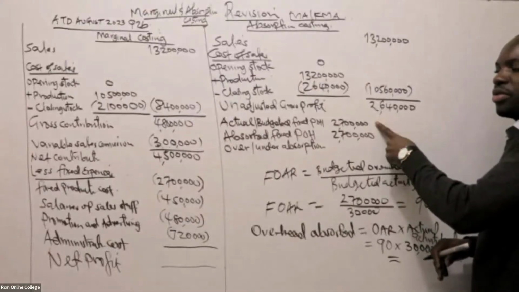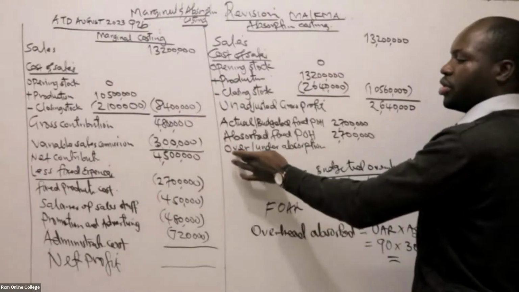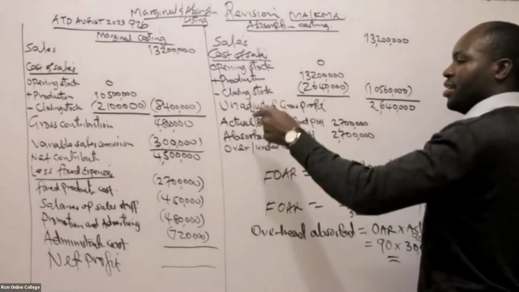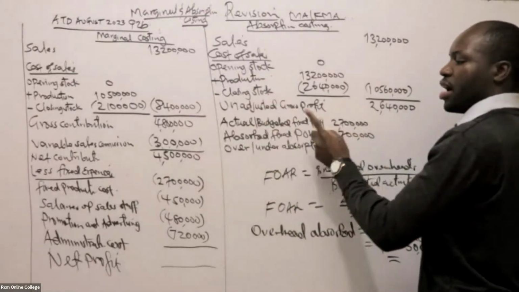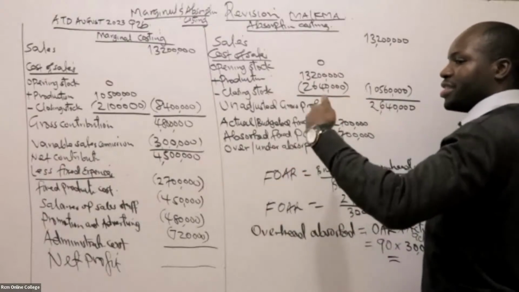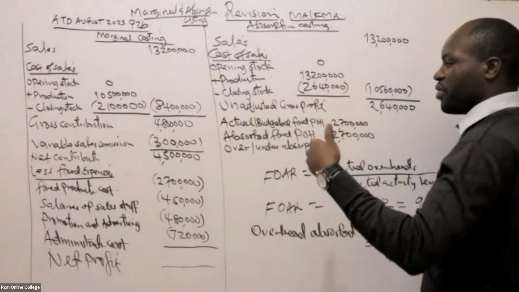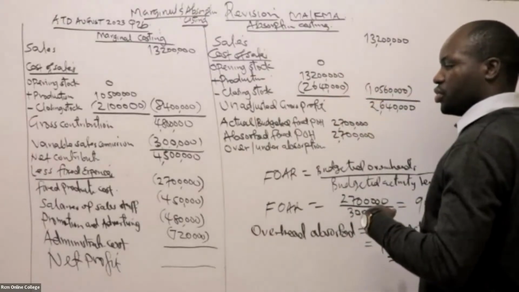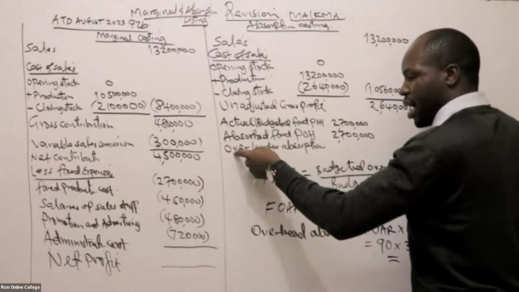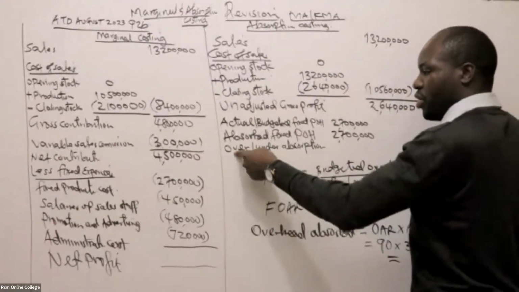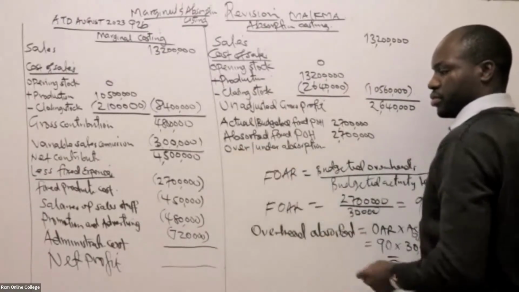Right? If we are talking about over absorption, then absorbed is greater than actual or budgeted. And what will happen? You overstated the expense. When you overstate the expense, the profit will be reduced. So what do we do? We add back the over absorption.